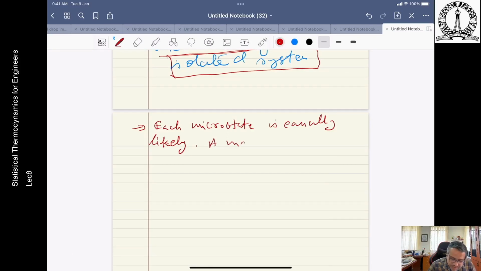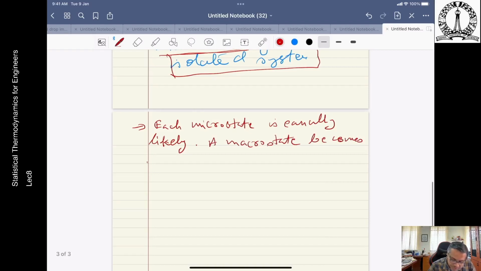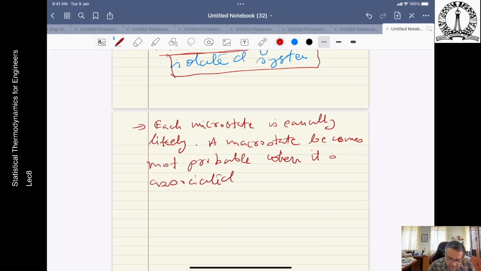A macrostate becomes most probable when it is associated with a large number of microstates. So W is basically what we call the thermodynamic probability.